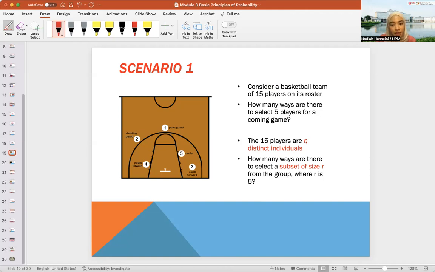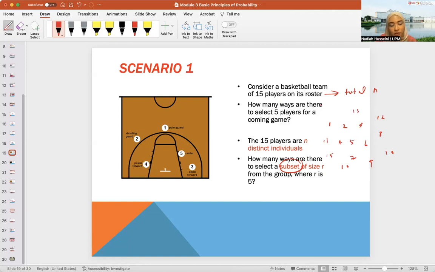Here, there are 15 players or n distinct individuals. How many ways are there to select a subset of size r? So this is rephrasing the question in mathematical description. You have 15 players. This is your total n number of distinct individuals. Let me redraw this: 4, 5, 6, 7, 8, 9, 10, 11, 12, 13, 14, 15.